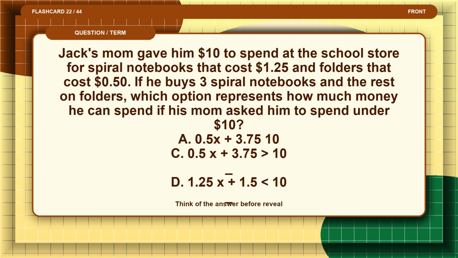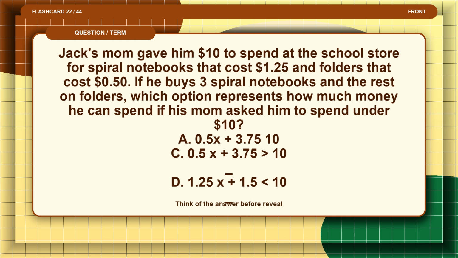Flashcard 22. Jack's mom gave him $10 to spend at the school store for spiral notebooks that cost $1.25 and folders that cost $0.50. If he buys 3 spiral notebooks and the rest on folders, which option represents how much money he can spend if his mom asked him to spend under $10?